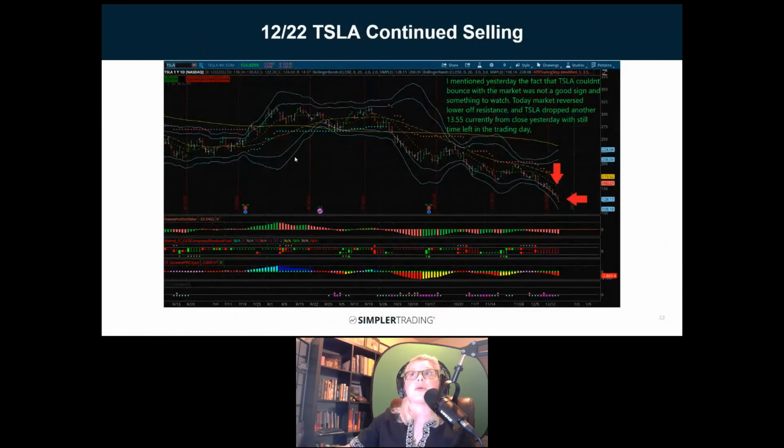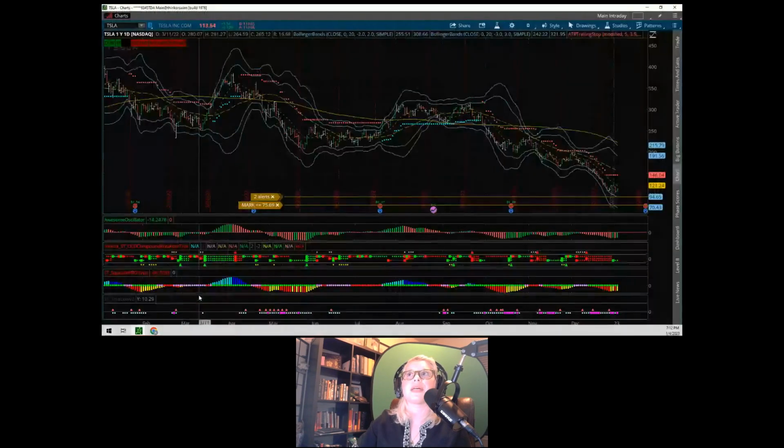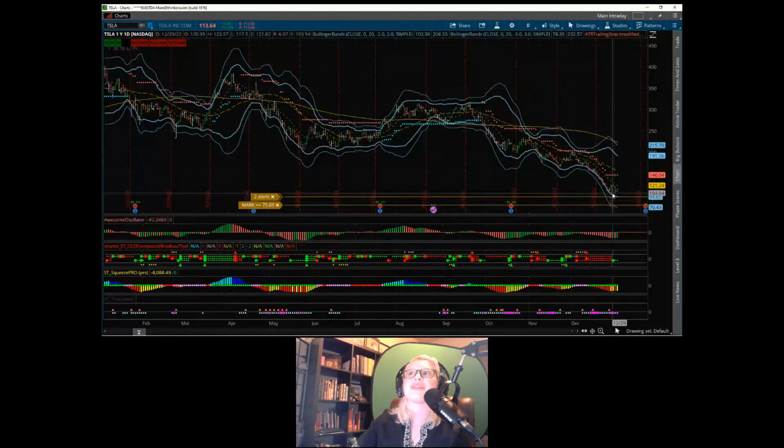And as we know, Tesla has continued to sell off. At the time of this slide, when I took the snapshot, it was the 22nd of December, and from when I mentioned it prior, it had moved down an additional $13. And then, of course, if we just pull up Tesla today, the low of this move so far has been 104.64, and we're currently trading at 113.